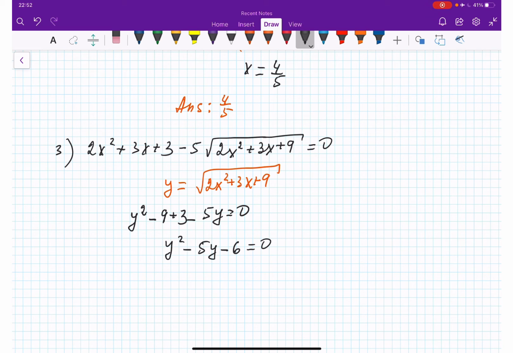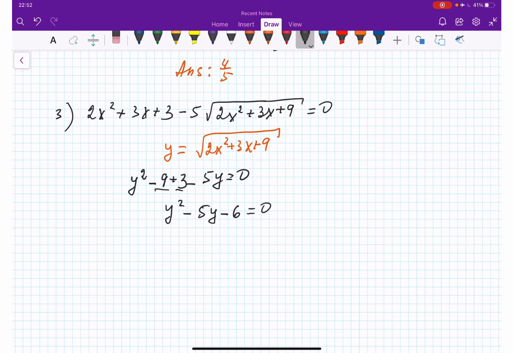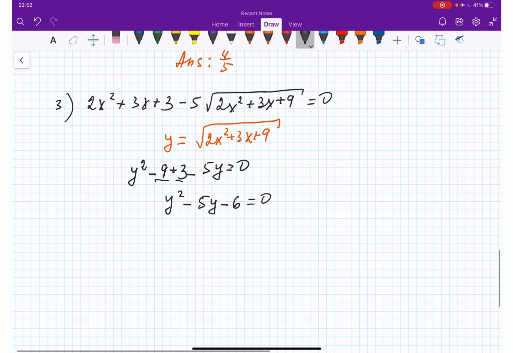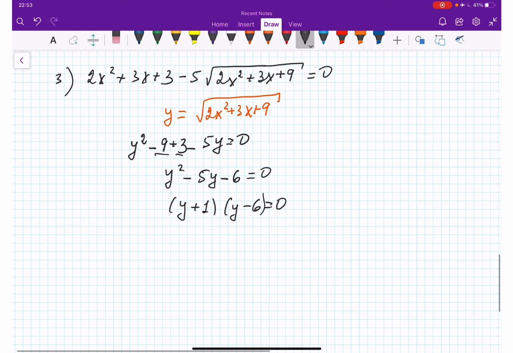We combined like terms here, right? Okay, let's solve this equation. It's going to be (y plus 1)(y minus 6) equal 0. And from here, y1 is equal negative 1, y2 is equal positive 6.